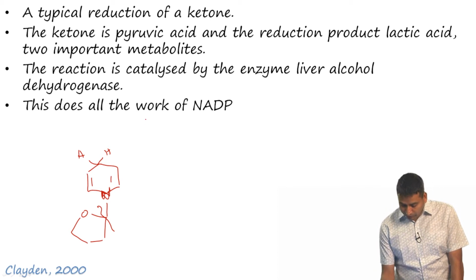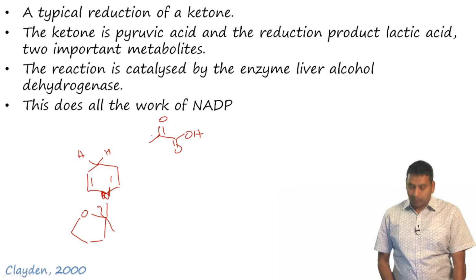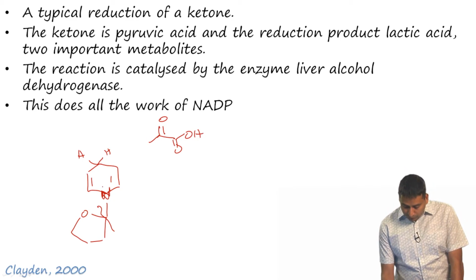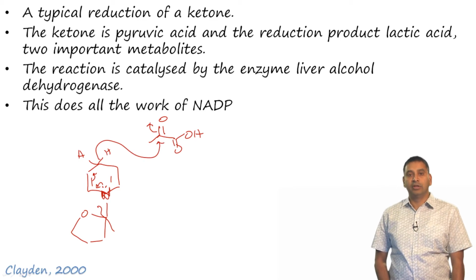And if you imagine that the ketone is basically from pyruvic acid, now you can push electrons like this going in here, and this hydride now attacks the carbonyl and reduces the ketone to form an alcohol.